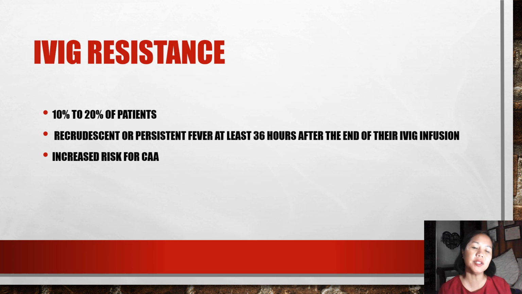IVIG resistance occurs in 10 to 20% of patients, and it is suspected when fever persists at least 36 hours after the end of IVIG infusion. There is increased risk for coronary artery aneurysm in these patients.